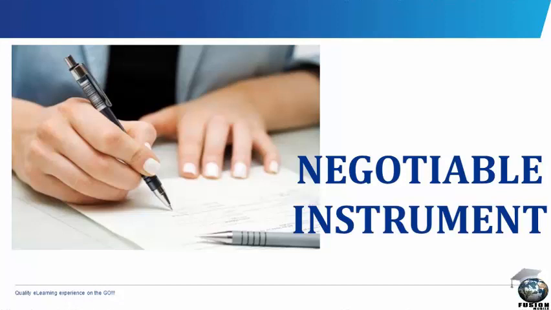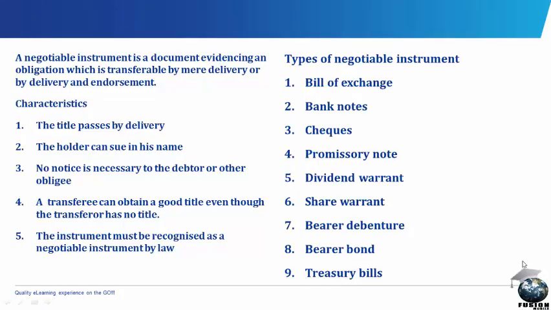Negotiable instrument. A negotiable instrument is a document evidencing an obligation which is transferable by mere delivery or by delivery and endorsement. Characteristics of a negotiable instrument include: 1. The holder can sue in his name. 2.